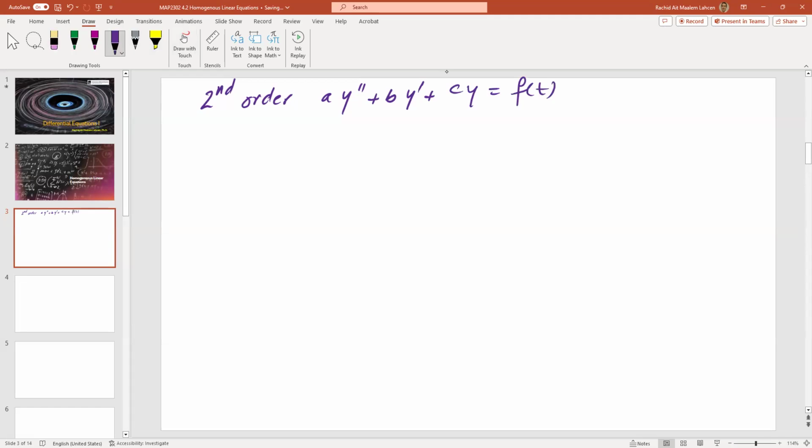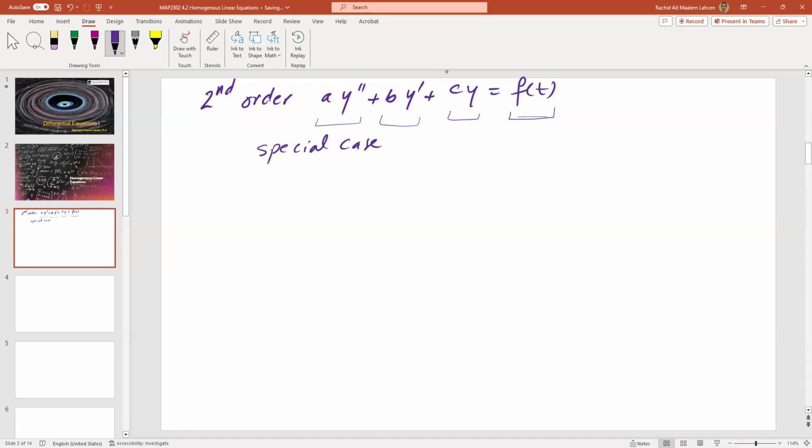As I mentioned in the other video, this goes as inertia times second derivative, the damping times first derivative, and the stiffness times the function. And here are the external forces.